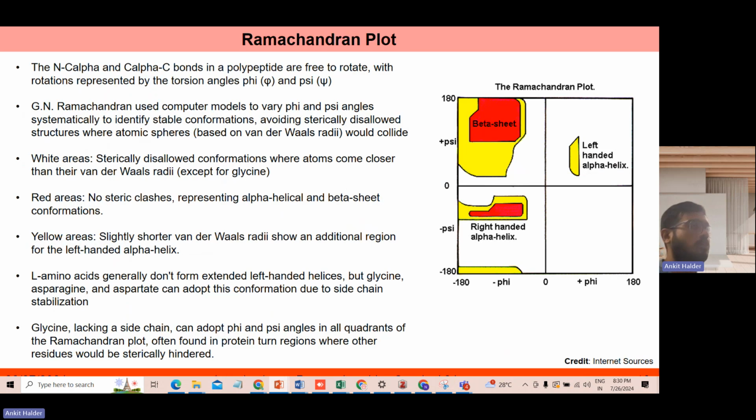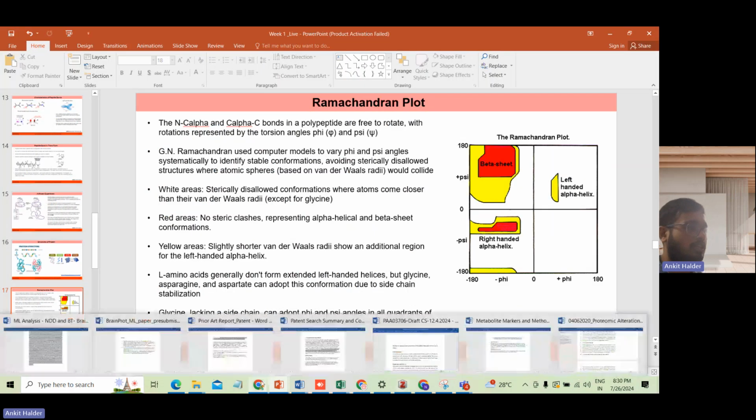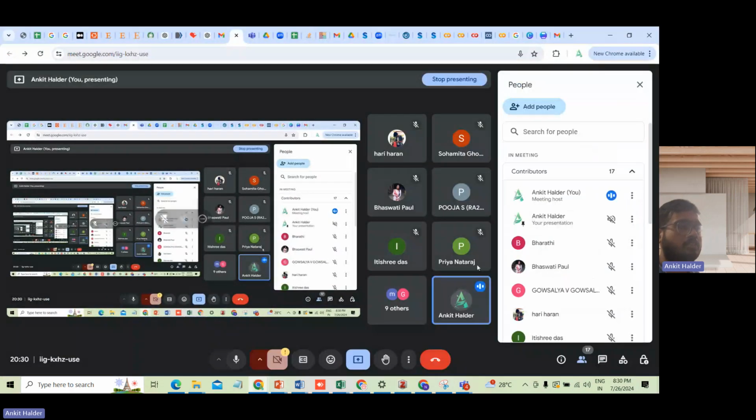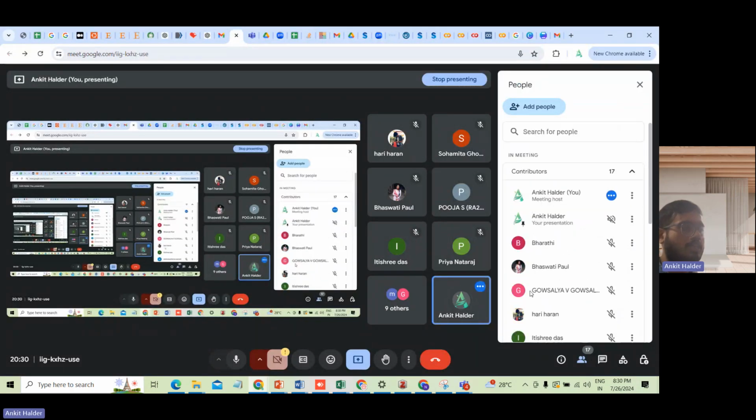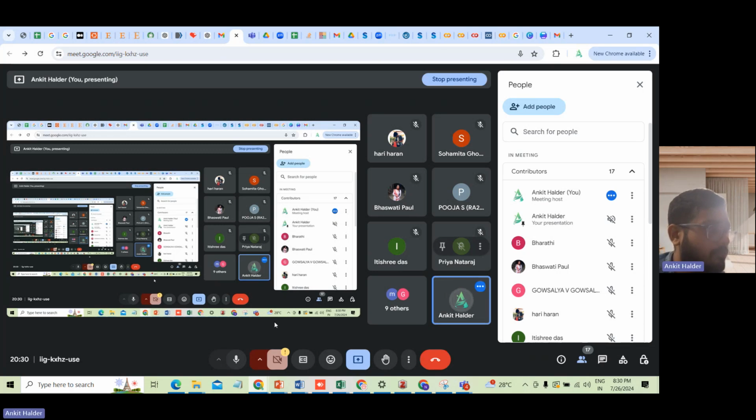So now what we will do is go on to understand this. Before going into what phi and psi are, can anyone quickly tell what phi and psi angles or bonds are in the primary structure of amino acids in proteins?